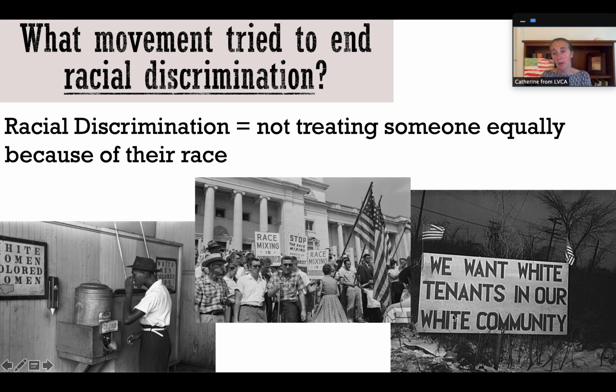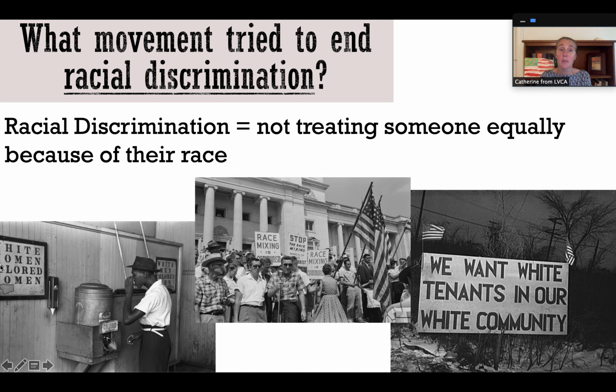Here's an example of a sign outside of a community where mostly or maybe all white people lived, and they said they did not want anyone who was not white to live in their community. They actually put it on a sign, and they put American flags with it, thinking that it was patriotic of them to show that they only wanted white people to live near them.